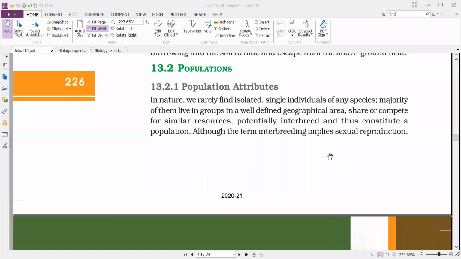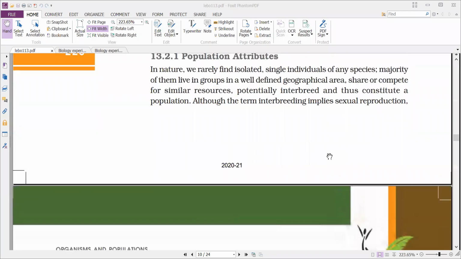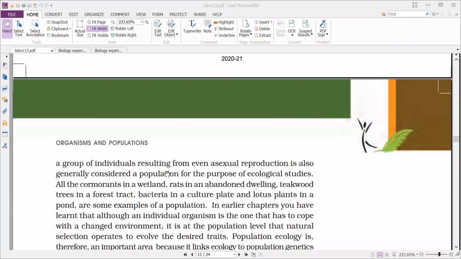Here, interbreed refers to sexual reproduction. Although the term interbreeding implies sexual reproduction, a group of individuals resulting even from asexual reproduction is also generally considered a population for the purpose of ecological study. Generally, interbreed refers to sexual reproduction, not asexual reproduction.